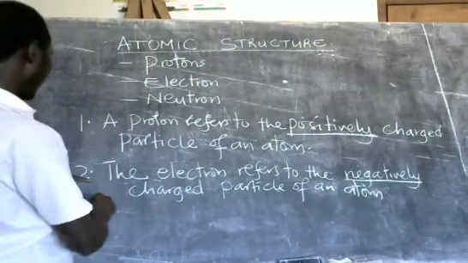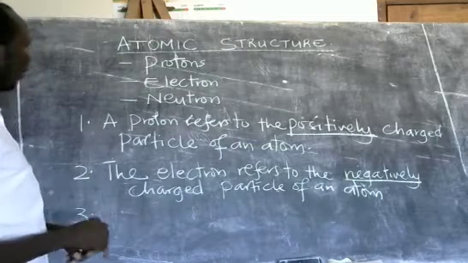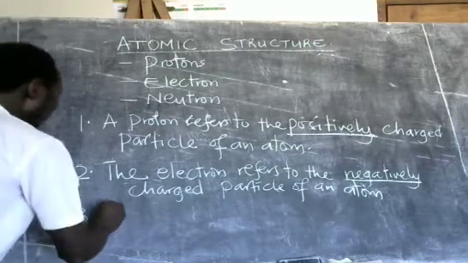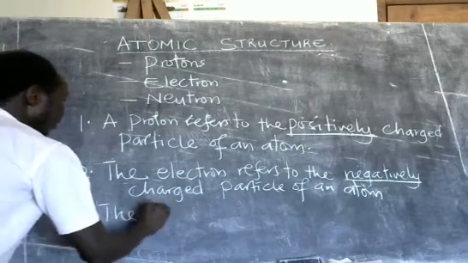Then the neutron, which is also a main particle in an atom, is defined as follows.